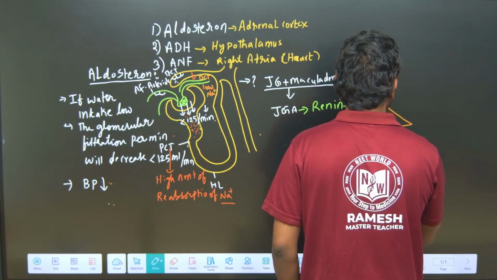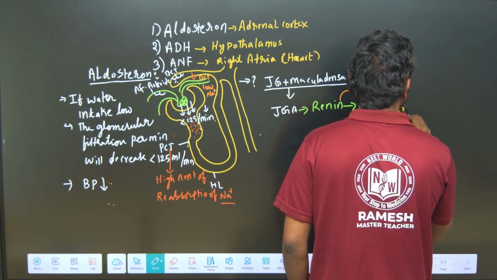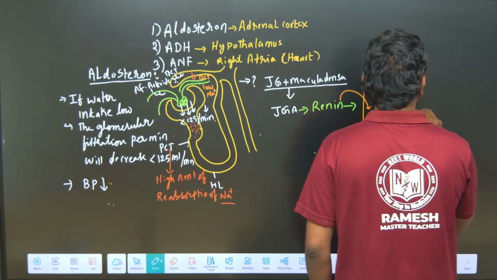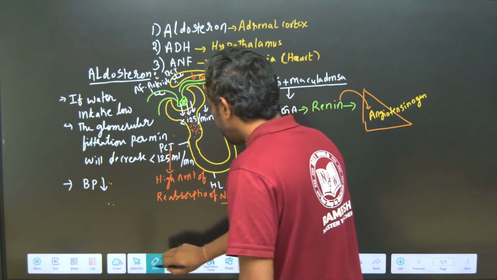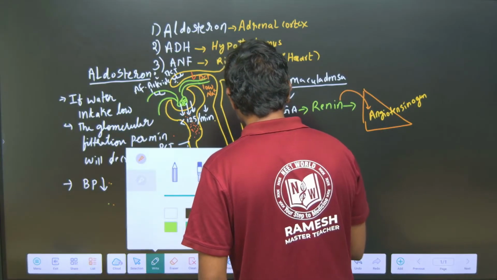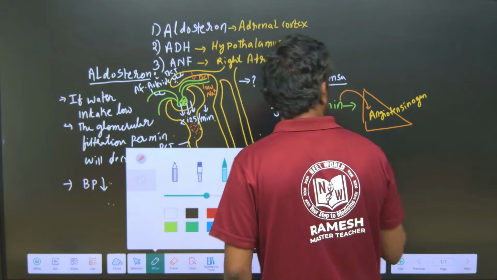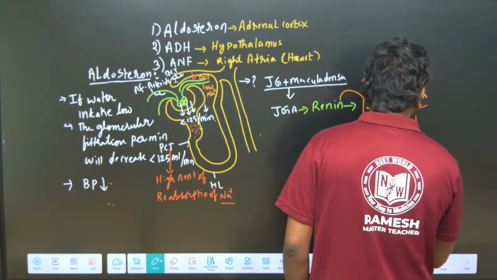Angiotensinogen is converted into angiotensin 1.